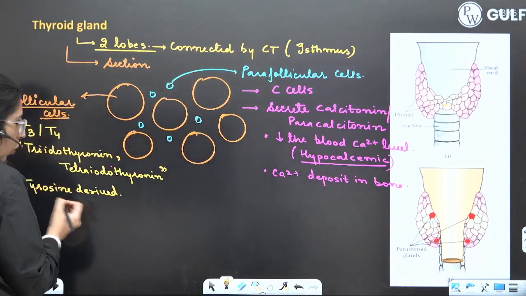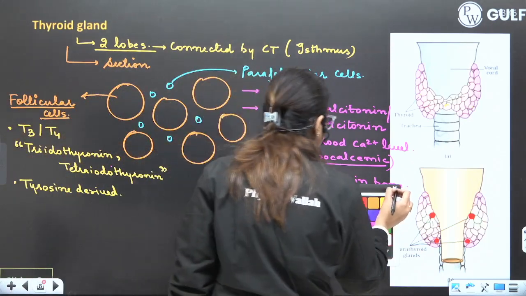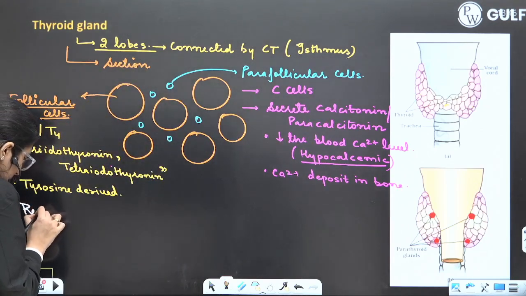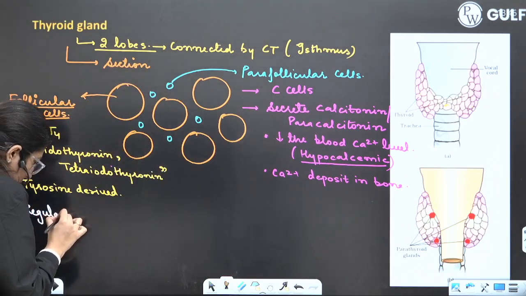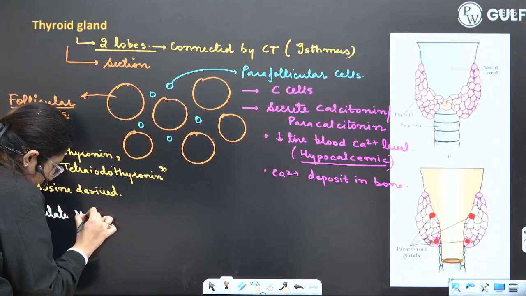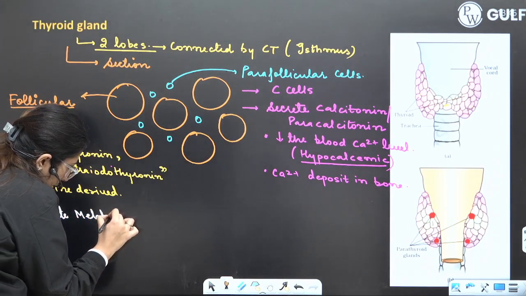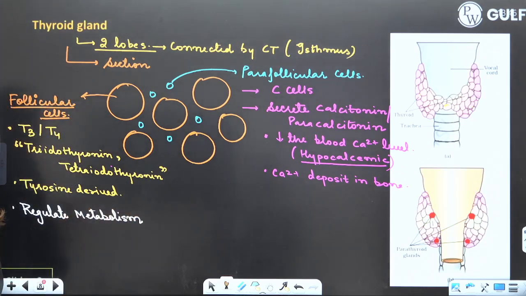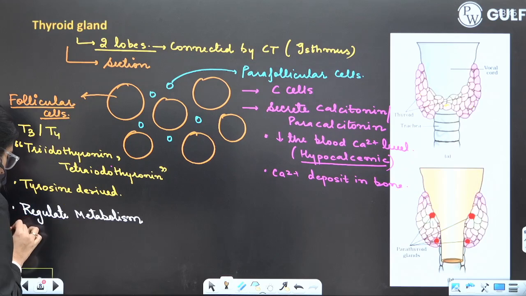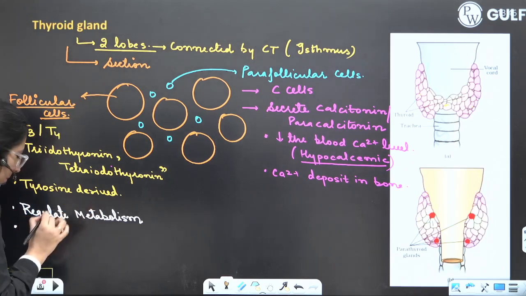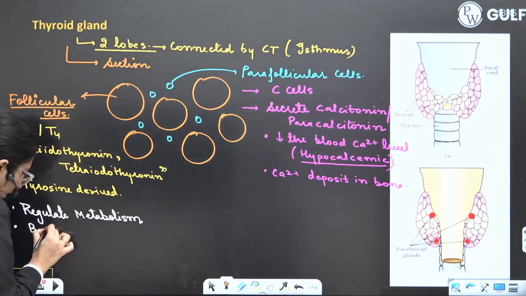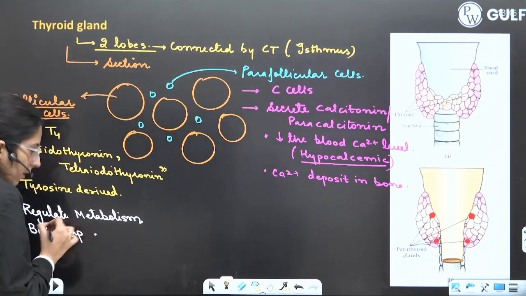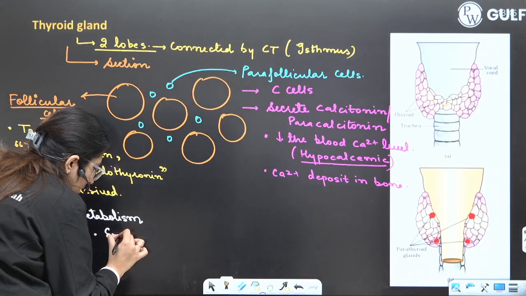Now what is the role? Let's talk about the role, a very important part. It regulates the metabolism. Other than BMR, this is also responsible for body temperature. This is the one which regulates erythropoiesis.